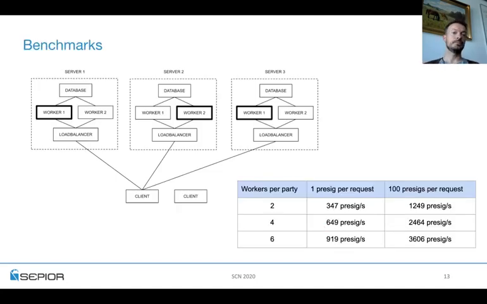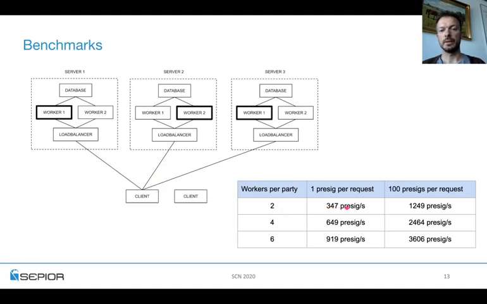So we did some benchmarks. We tried to make the benchmarks as close to a real-world setup as possible, and this means that each of the MPC parties is actually represented by a load balancer and a number of workers connected to a central database. And then we are spinning up a lot of clients, and they use authenticated channels.